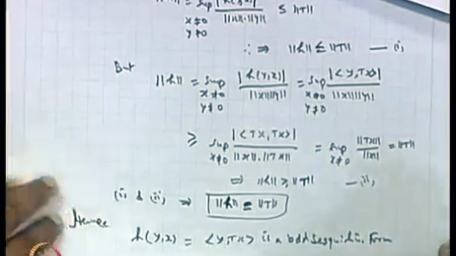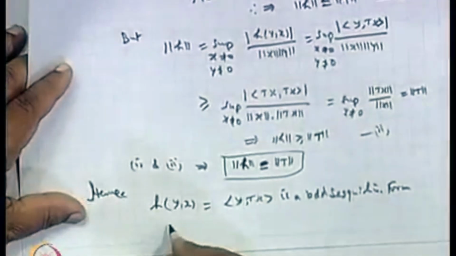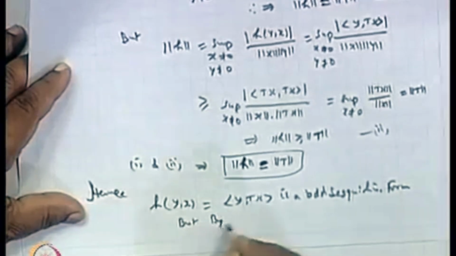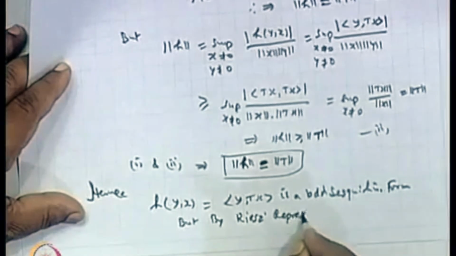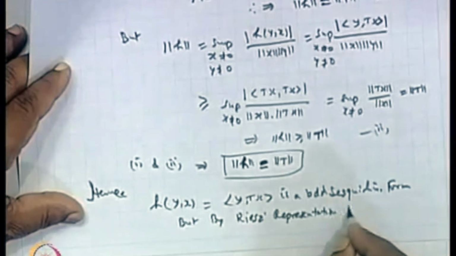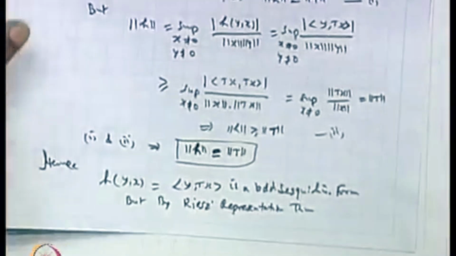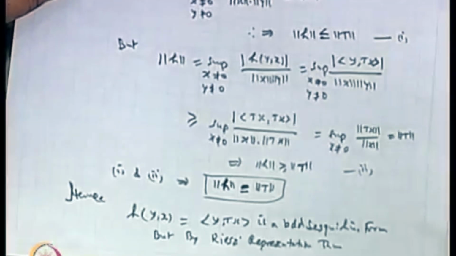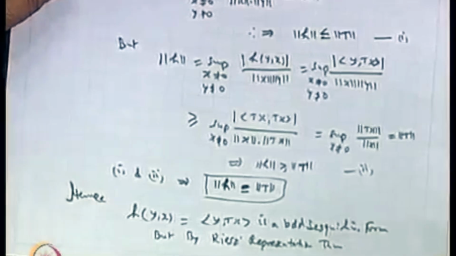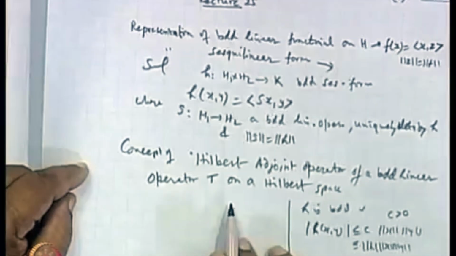But by the Riesz representation theorem, if you remember, this bounded sesquilinear form is of the form h of x, y. Yes, this was the bounded sesquilinear form.